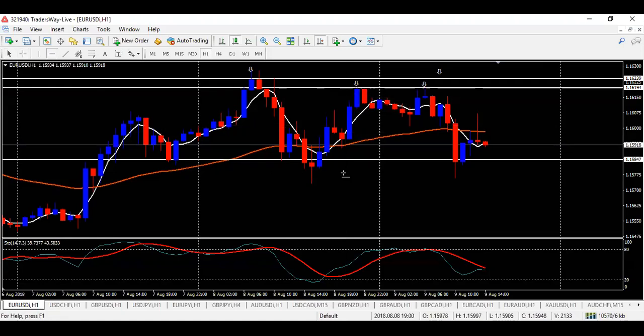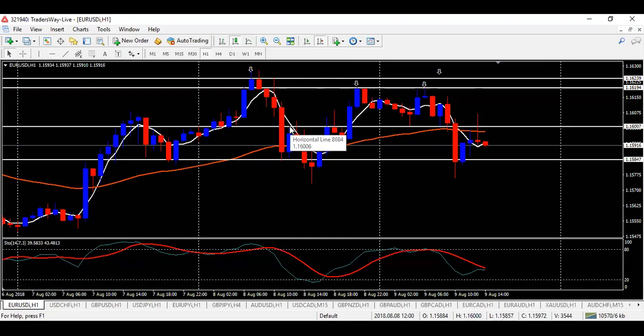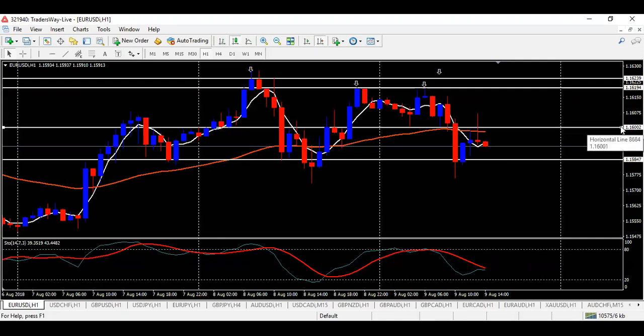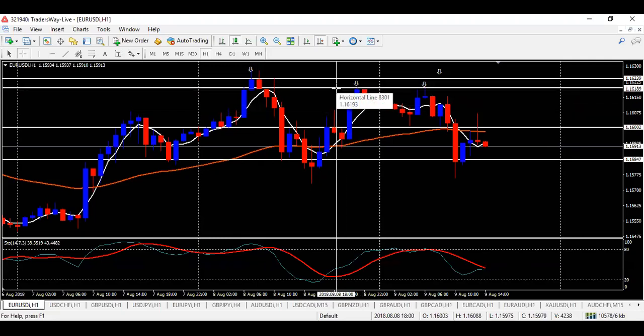Let's just say it was 1.160. There, bearish, lower low, came back around, came up. Okay, so now this is what I'm trying to figure out. Where did you lose with this one?